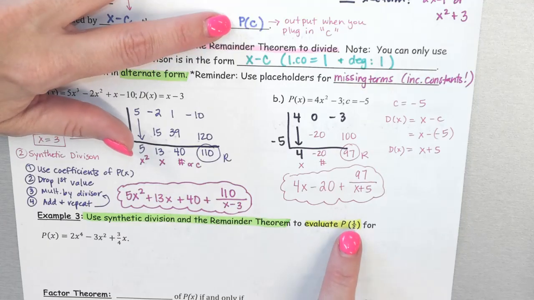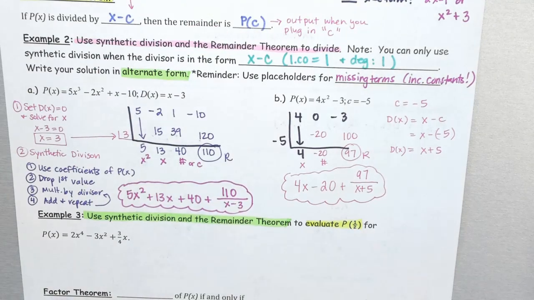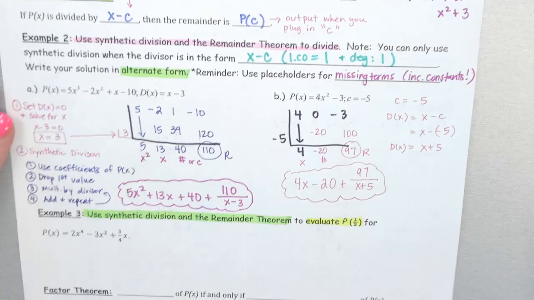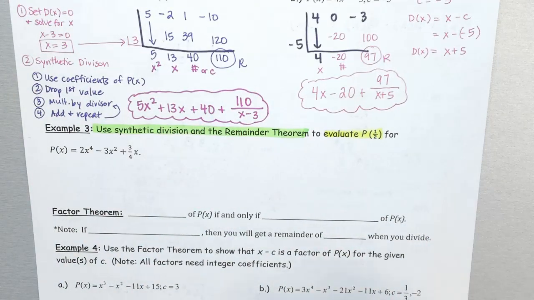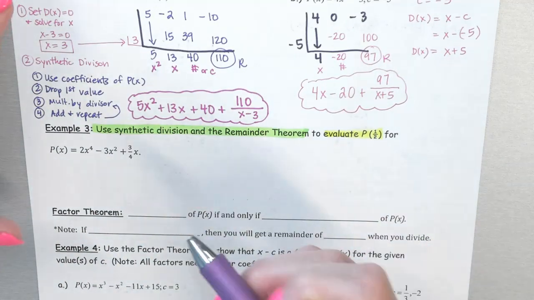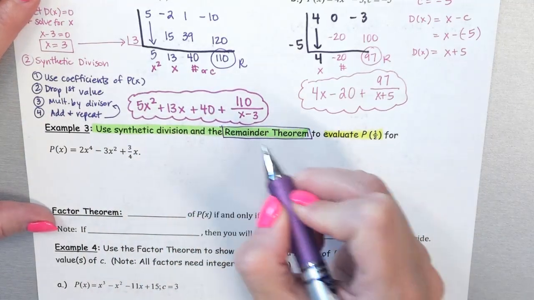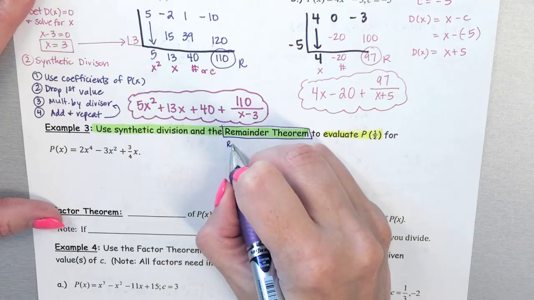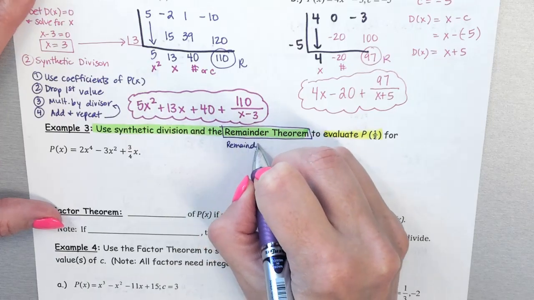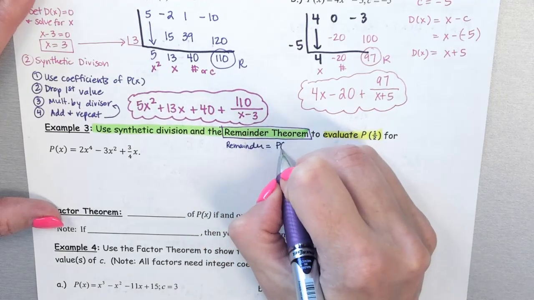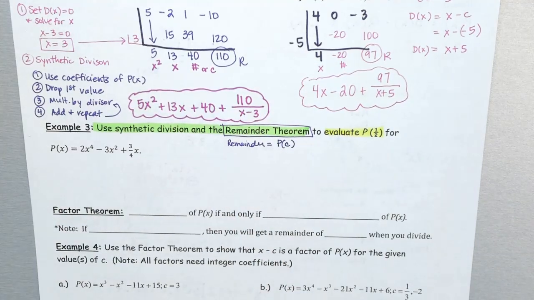So p of 1/2 is going to be equal to your remainder here. So whenever it says the remainder theorem, we should just be thinking that the remainder is equal to p of c.